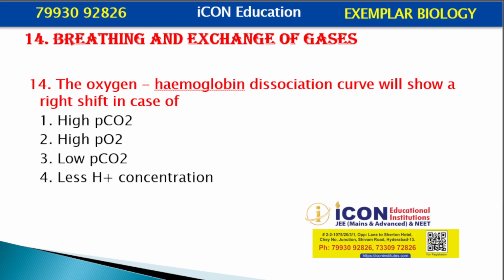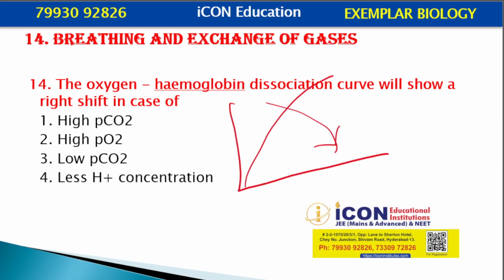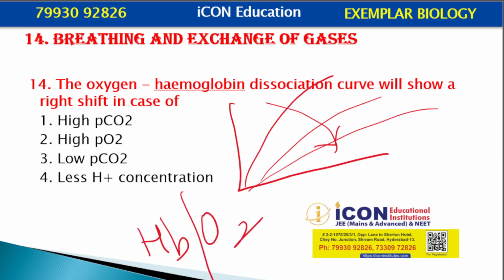The oxygen hemoglobin dissociation curve will show a right shift in case of, right shift meaning dissociation of oxygen from hemoglobin. Curve shifting to the right means oxygen is going to be dissociating from hemoglobin. The dissociating factors: high PCO2 is correct; high PO2 is wrong; low PCO2 is wrong; lower hydrogen ion concentration is wrong.